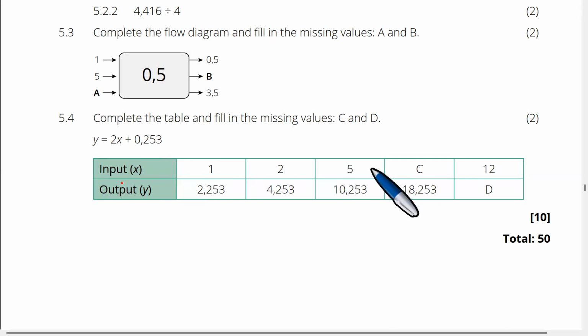The input values are 1, 2, 5, C, 12, and these are the output values. Let's start with C. C is the input, and they've given us the output, 18.253. What is the input?